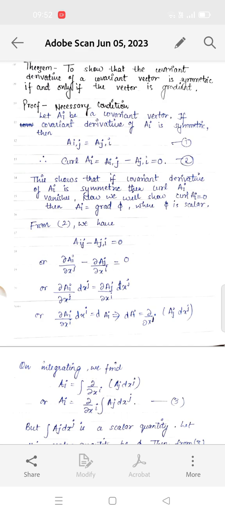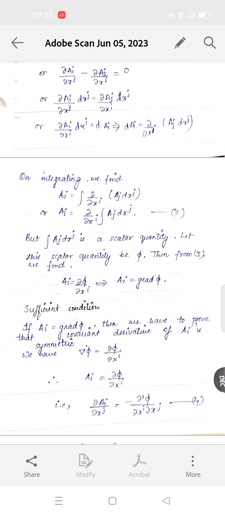Now rearranging and multiplying it by dx^j, we finally get that dA_i is equal to del by del x^i in bracket A_j dx^j.